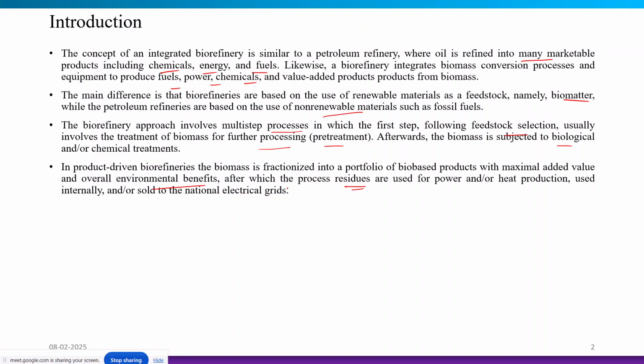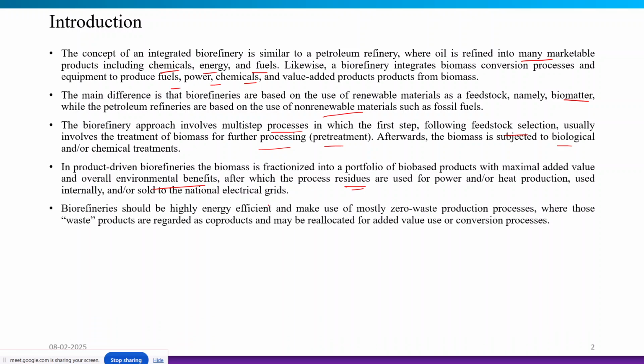That power or electricity produced from the residue of these biorefinery processes can be used externally or internally for energy purposes.